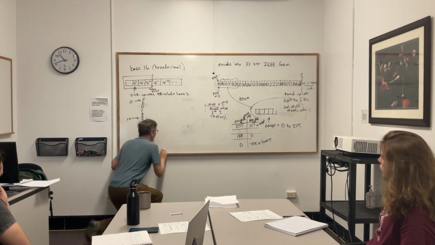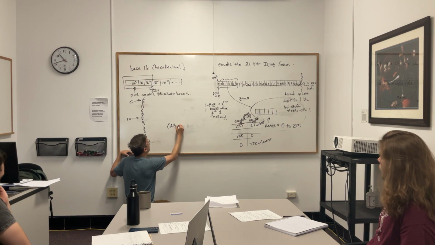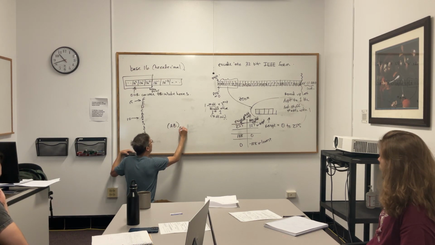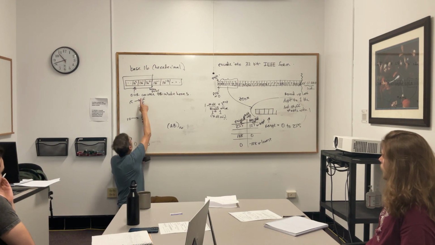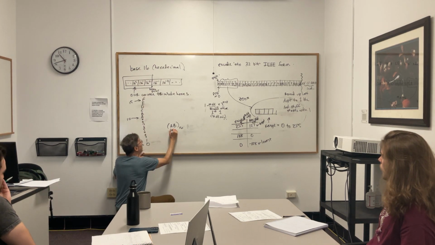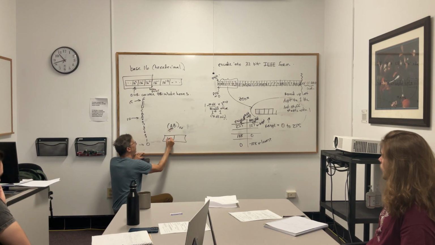And so, for example, if I gave you a hexadecimal number and I said, hey, what's this? AB in base 16. Well, what that means is that I've got an A in the 16 slot. So let's draw it out here again. I've got an A which is 10, and that's in the 16s.